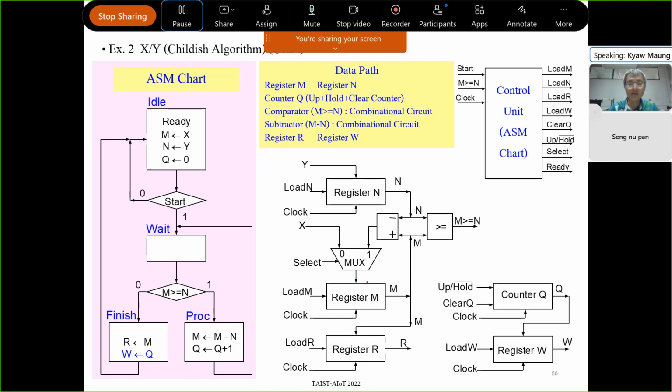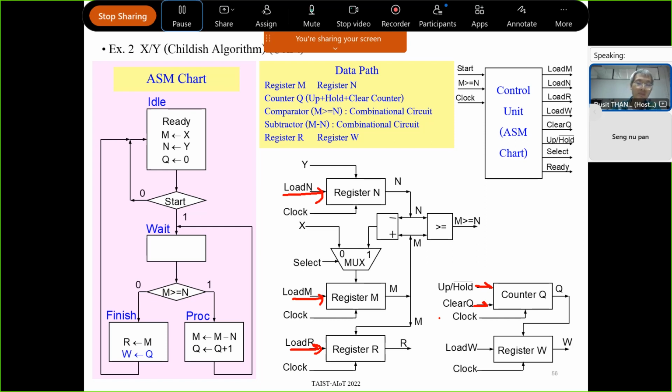Now if you understand this data unit, or data path, the problem is how to get the control signals for load N, load M, load R, or clear, or up, or hold, and so on. You need more circuit to generate this kind of signal.